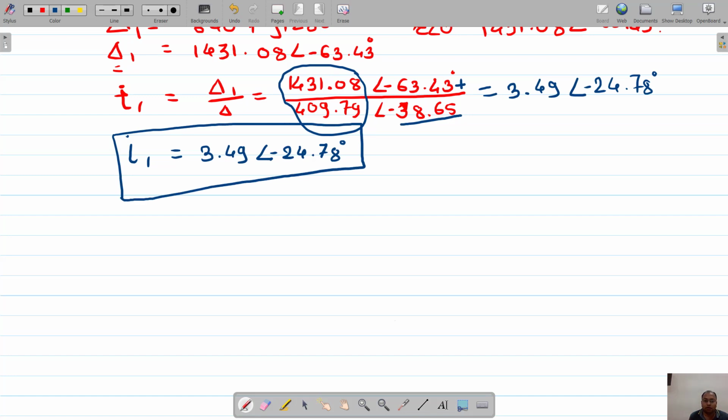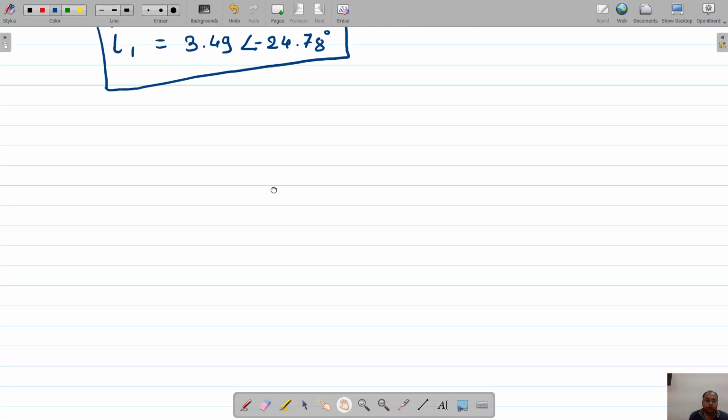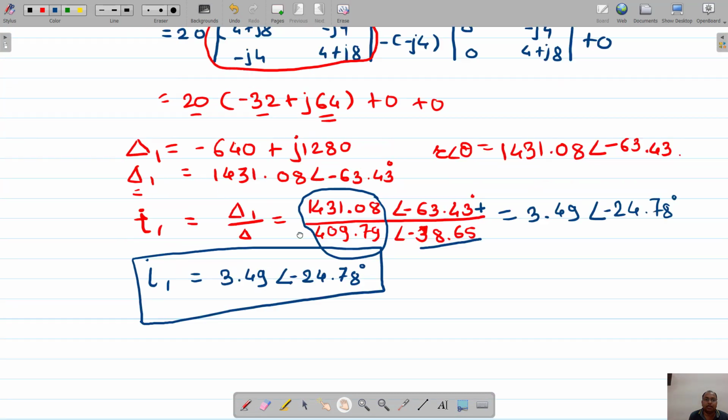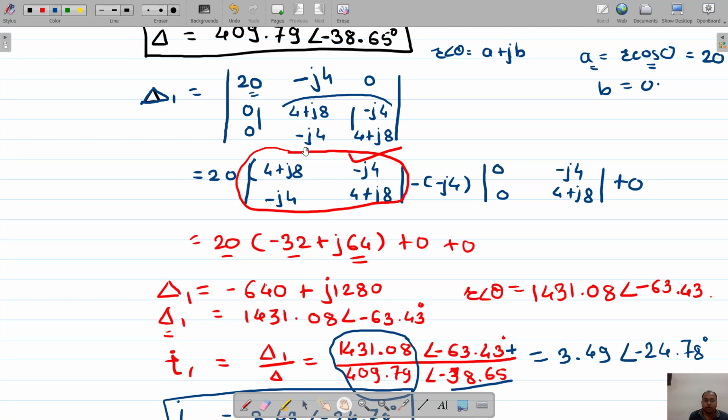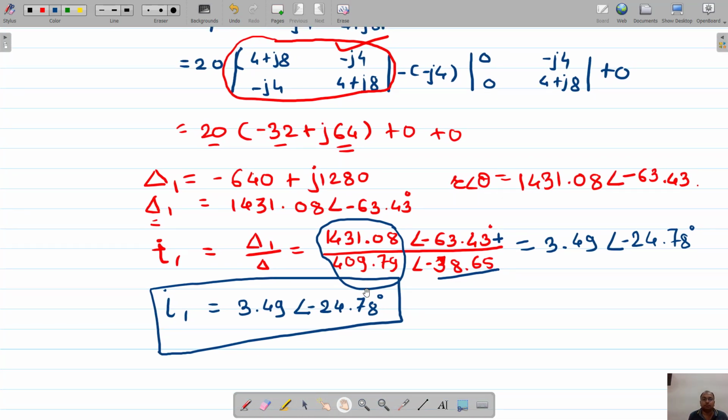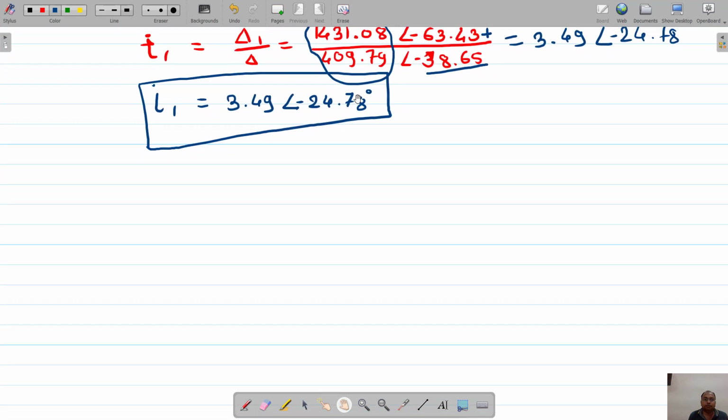Great. Now similarly, we are going to replace the second column for calculation of I2. So we are going to replace this column now. Is that fine? Great. So let us do that. Delta 2 is equal to, now the first column will be as it is, right?